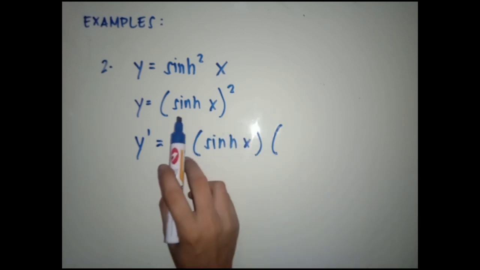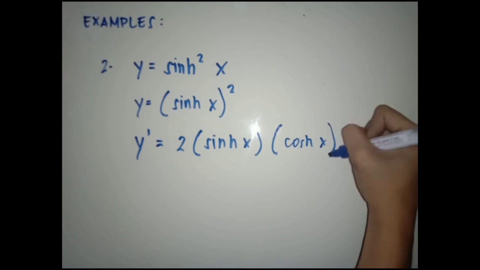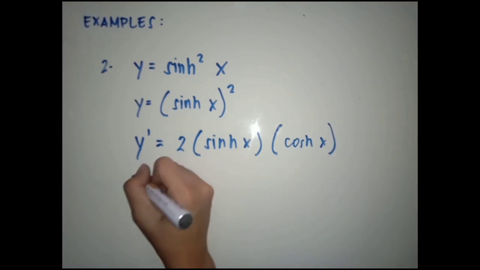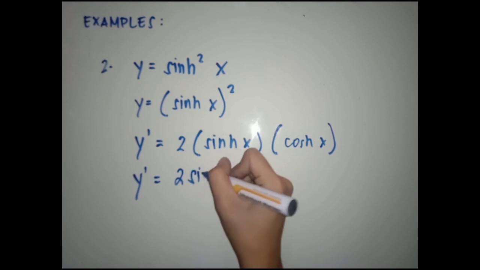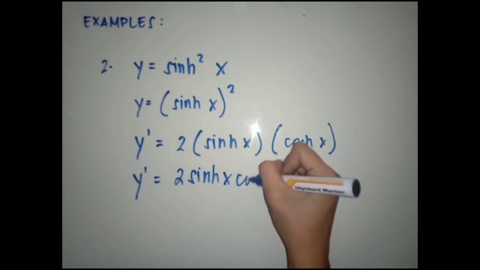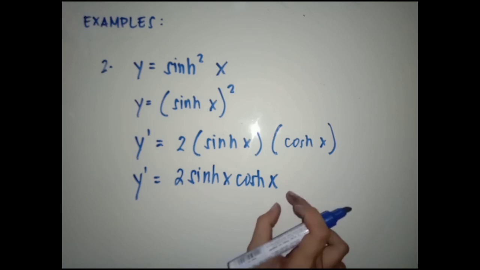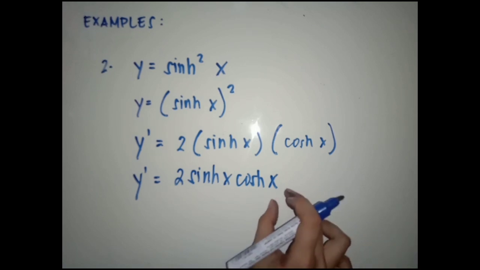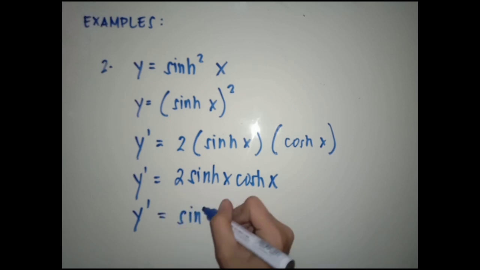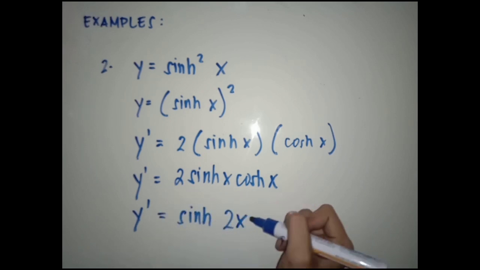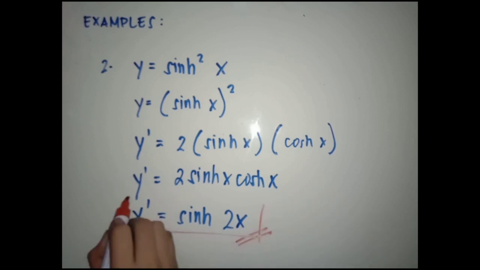So, ang derivative sa hyperbolic sine is hyperbolic cosine x. Then, ato ni i-simplify. So, y prime is equals to 2 sinh x cosh x. Now, since identity man ni sa double angle, ang atong final answer is hyperbolic sine 2x. So, this is our final answer.